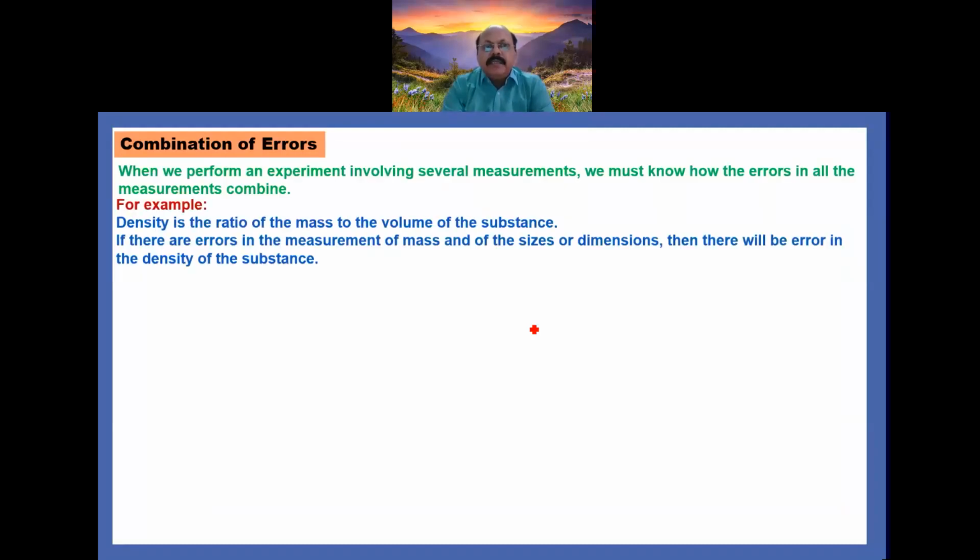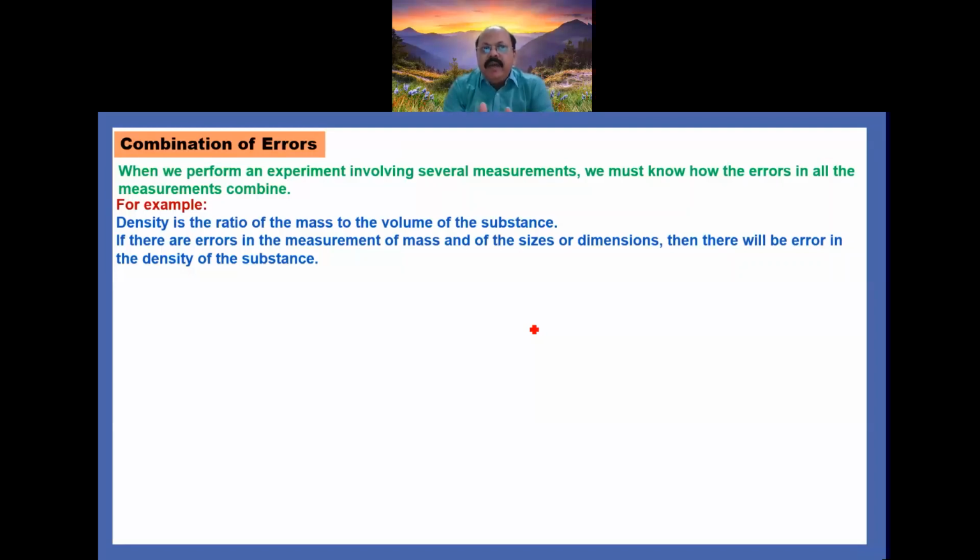So what happens when we perform an experiment involving several measurements? Then we must know how the error in all measurements combines.